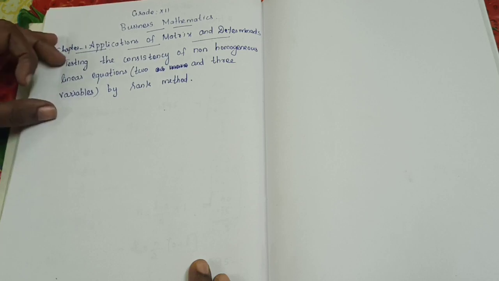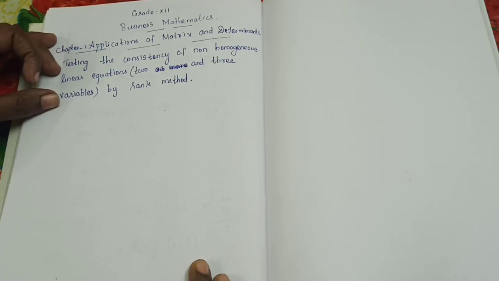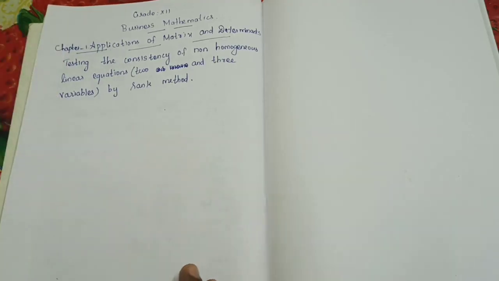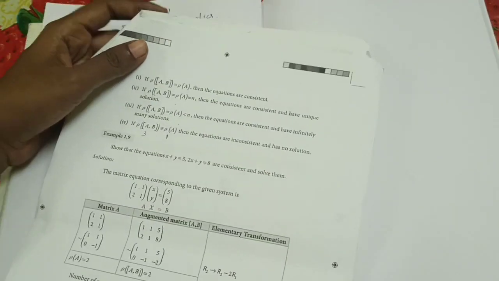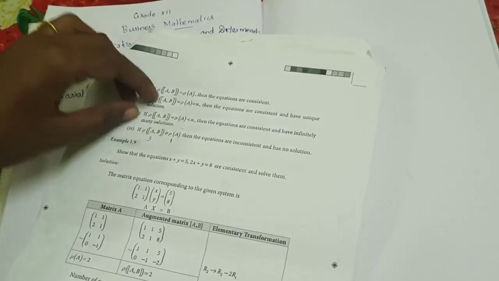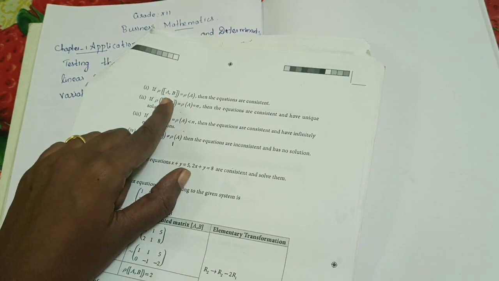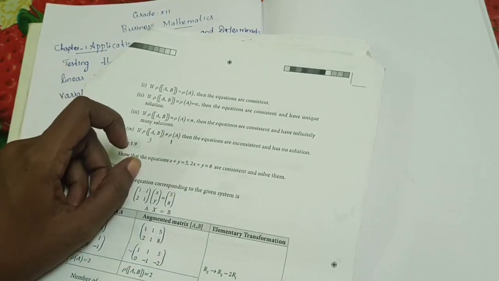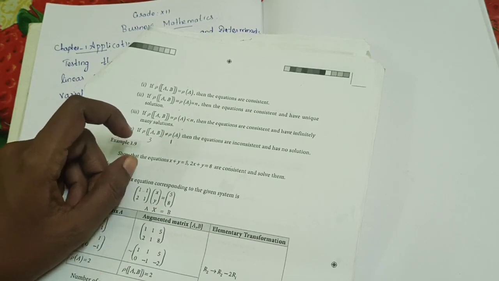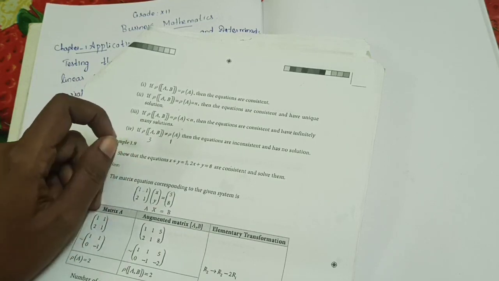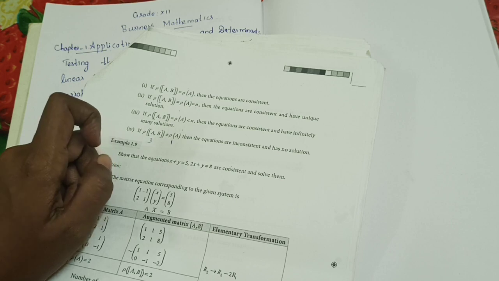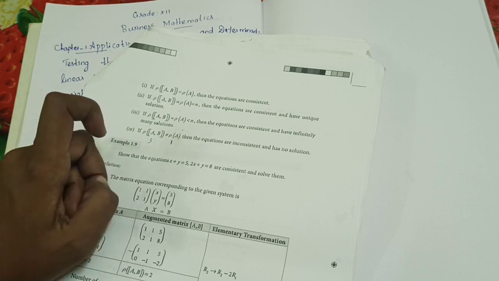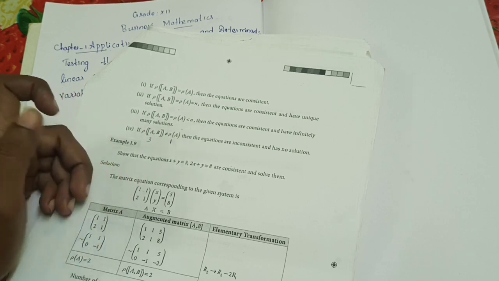First thing is testing the consistency of a non-homogeneous linear equation by using the rank method. Here the very important thing is these 4 conditions. How will we say whether the given system of equations is consistent, and has a unique solution?